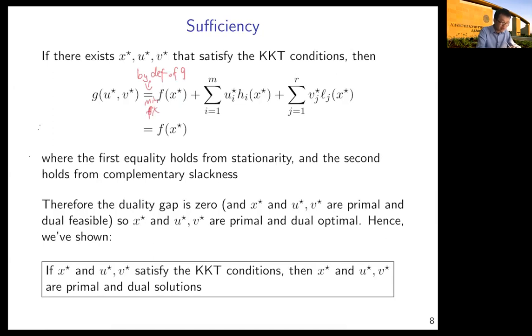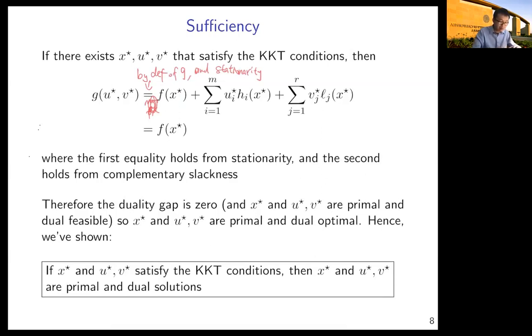But then this is equal to, by just substituting f* inside it using stationarity, first applying the definition and then using the fact that x* is the one that attains the minimum, by applying the assumption of the first KKT condition.